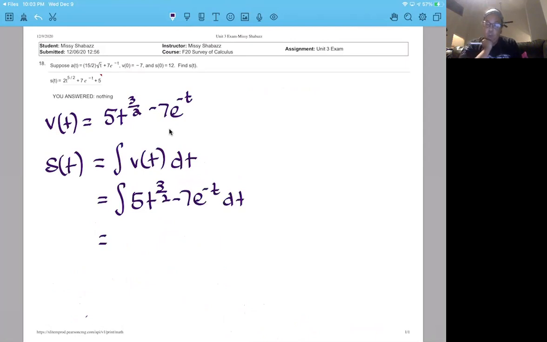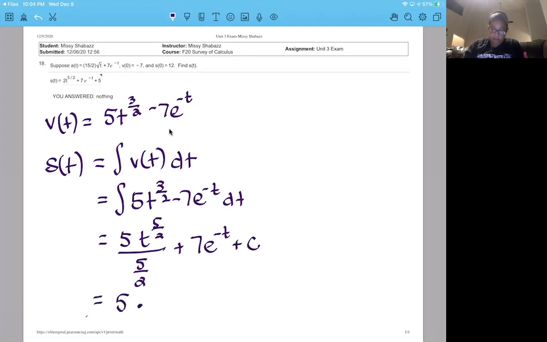I'm going to add 1 to 3/2, which gives me 5/2, and divide by the same number. Again, I'm going to divide by -1, which makes that positive 7e^(-t), plus my constant.